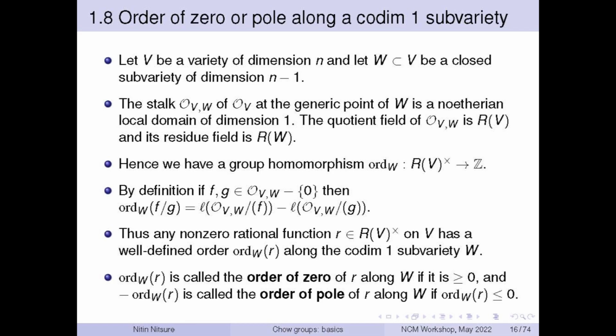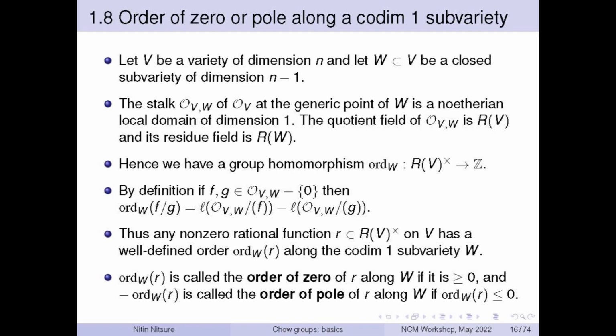And so, applying this length idea, I have an order function from here to here. And this is again additive, as we saw already, therefore it has a well-defined order function. What's the order of f upon g? The length of O modulo f upon length of O modulo g. And so any non-zero rational function has a well-defined order of vanishing along this codimension 1 subvariety.